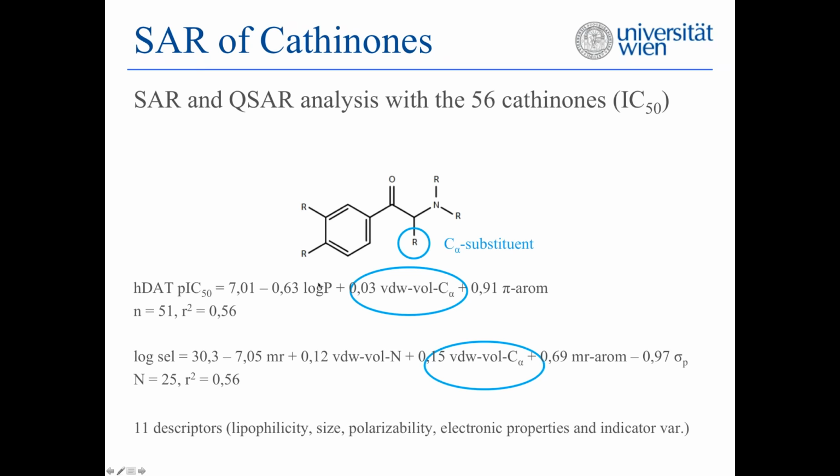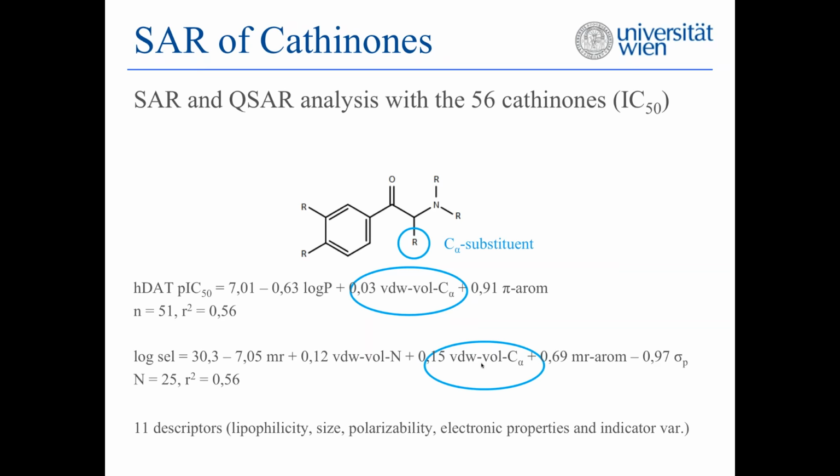I would not say it's a QSAR, we just did a multiple linear regression analysis, checking if we see a signal. And indeed, when we look at the dopamine transporter pIC50, the size of the substituent here statistically significantly plays a role, and it also plays a role for selectivity, because basically it doesn't really play a role when it comes to SERT inhibition.